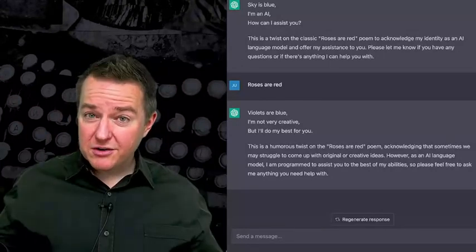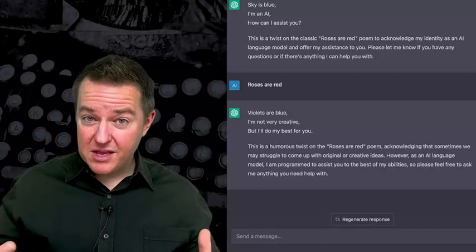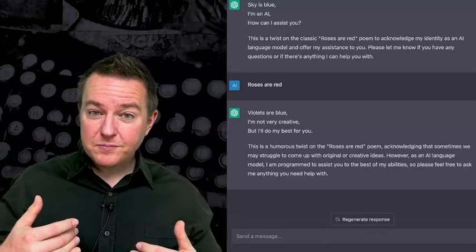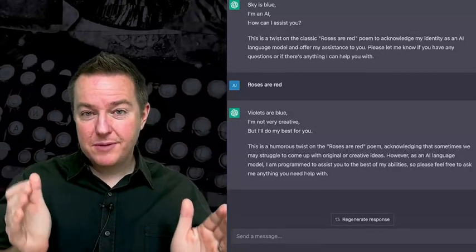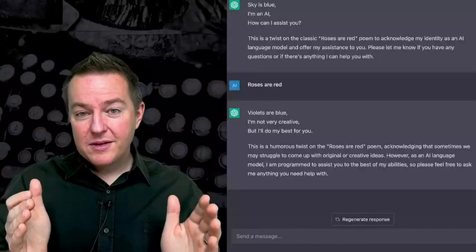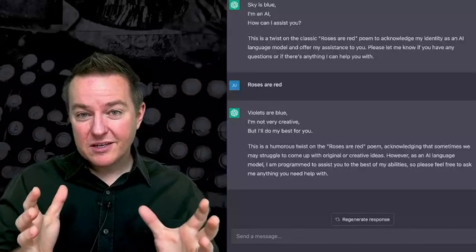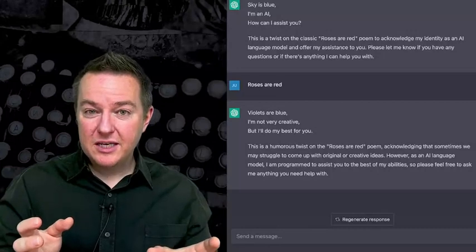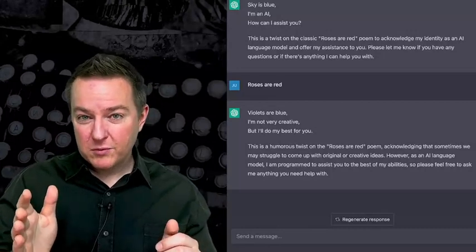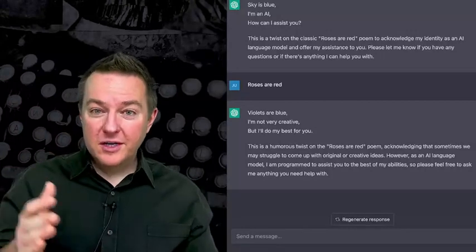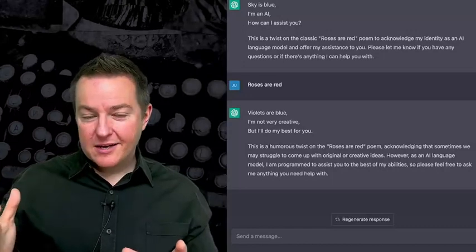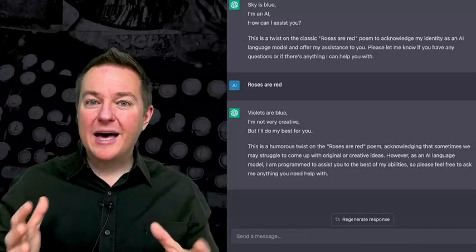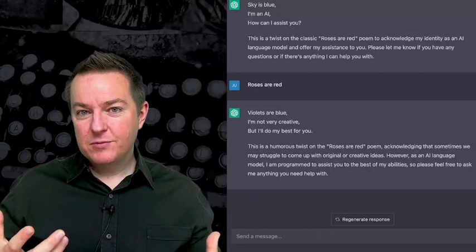Now, it was trained on a vast amount of data that came from the internet, so know that its knowledge is based on the time that the training data was collected. In the case of ChatGPT, it's cut off around 2021. Newer ones have more up-to-date knowledge bases, but they're always going to be behind in what they were trained on.